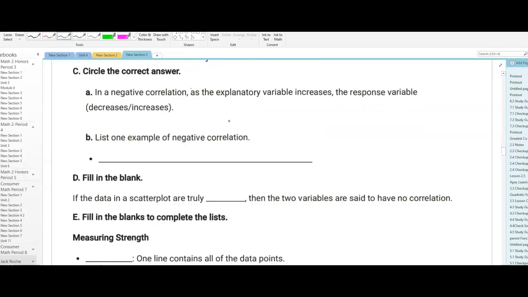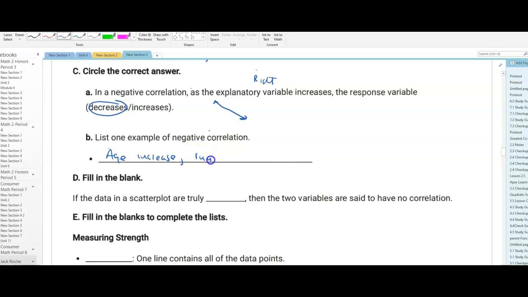So here, the first one. In a negative correlation, as the explanatory variable increases, so as you move to the right, the response variable, right, decreases. Because if you look here, this would be a negative correlation. As you go to the right, you go down. That means it's decreasing. Okay, an example of this, let's go age increases, right?